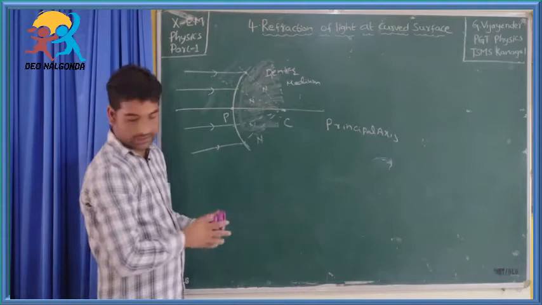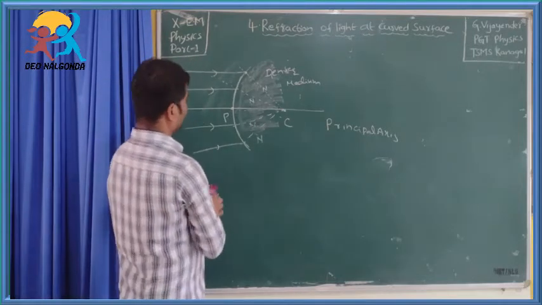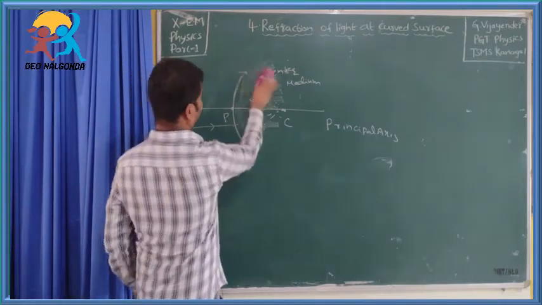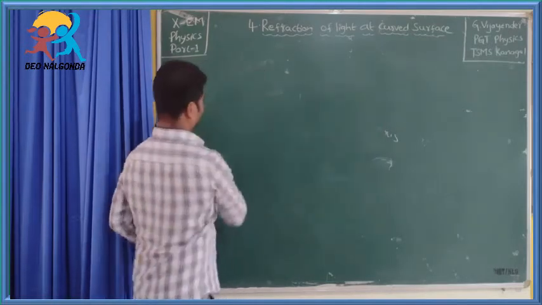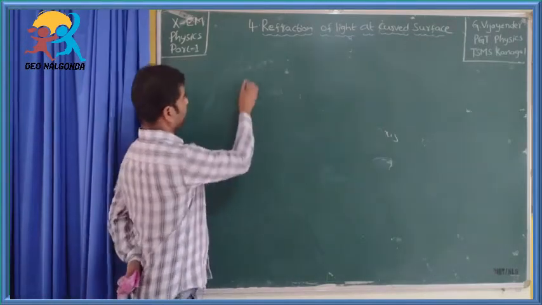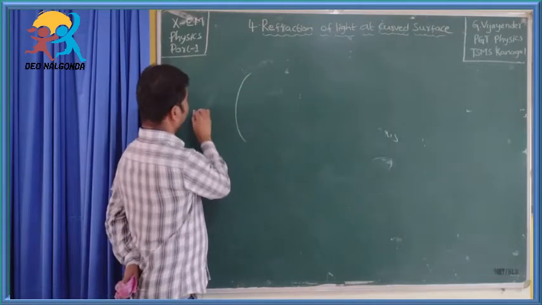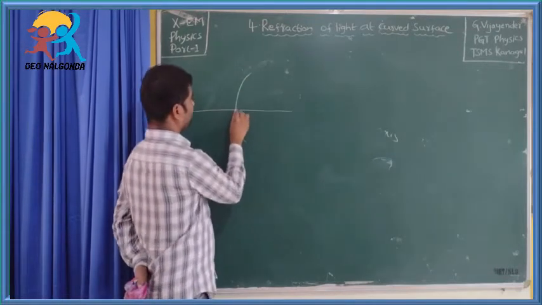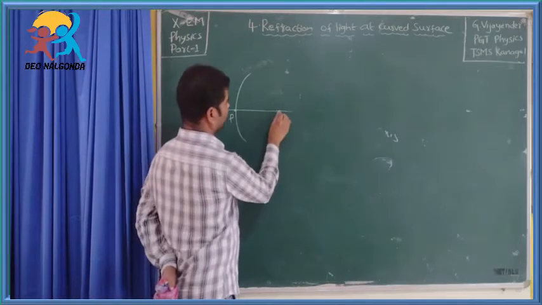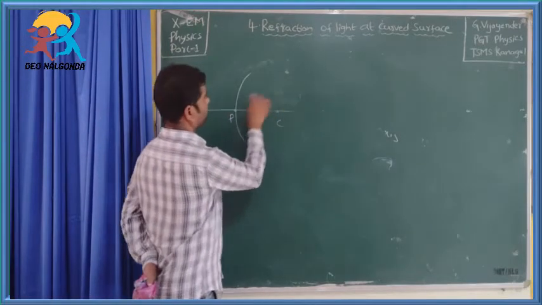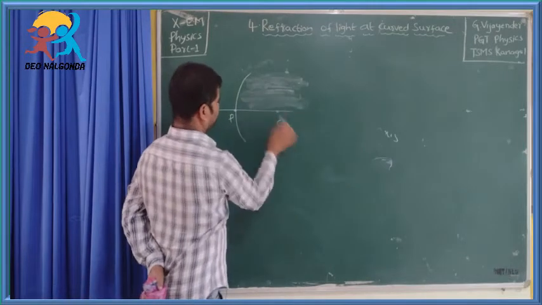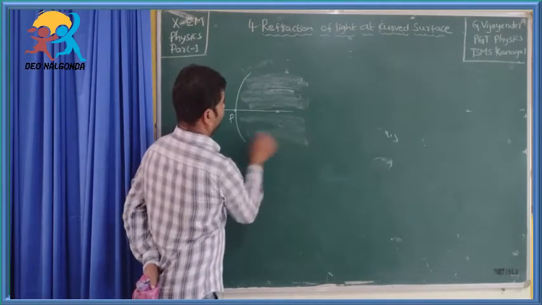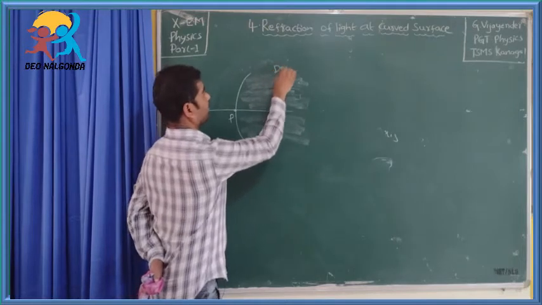And if the incident light ray appears to pass through the center of curvature, this is pole P, center of curvature. This is the denser medium.